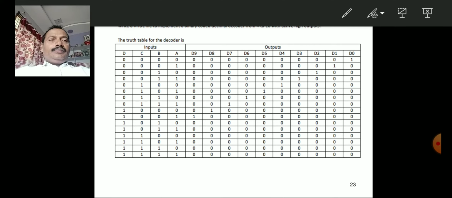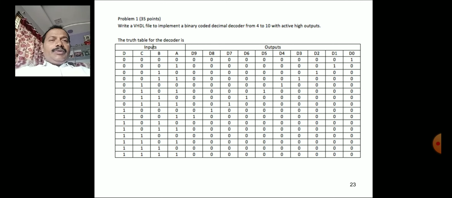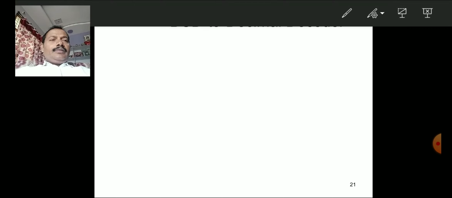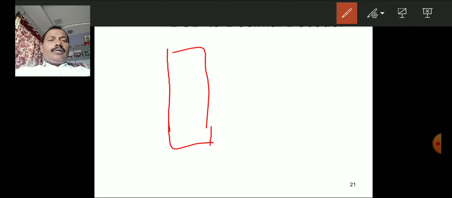So now, one important point I would like to tell you. This is the 4 to 16 decoder. For example, let us consider a 4 to 16 decoder.